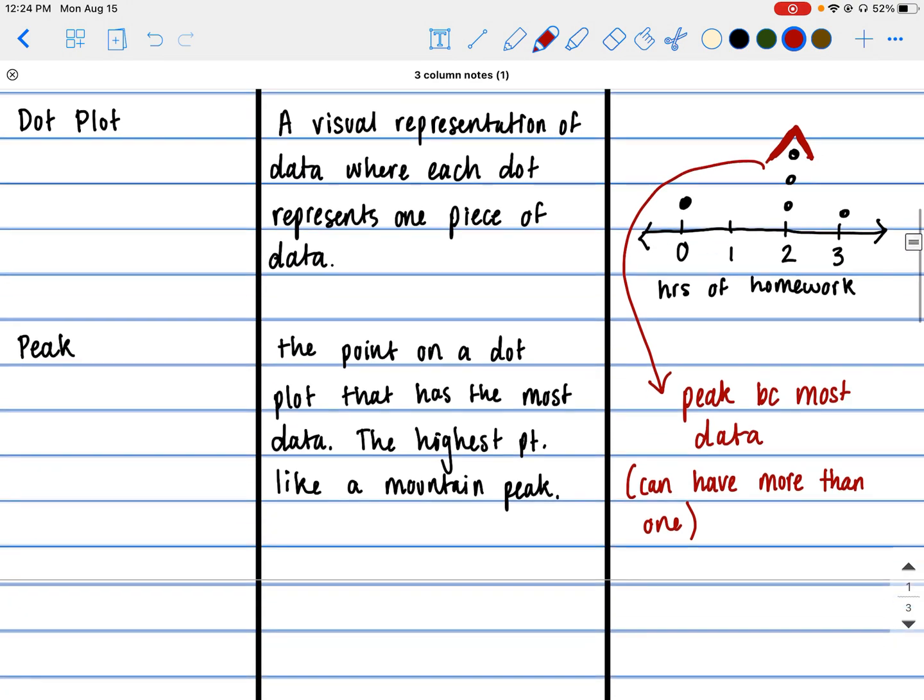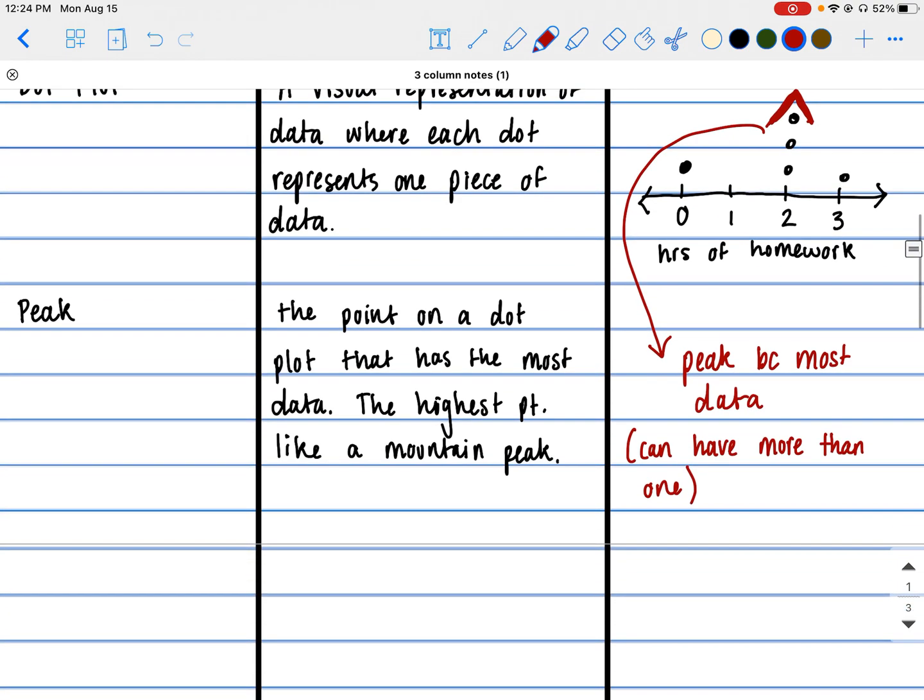All right, what is another part of a dot plot that we can label? That is a gap. Oops, I'm on the next page, so it's not really showing. Let's erase that so you guys can see it a little better.